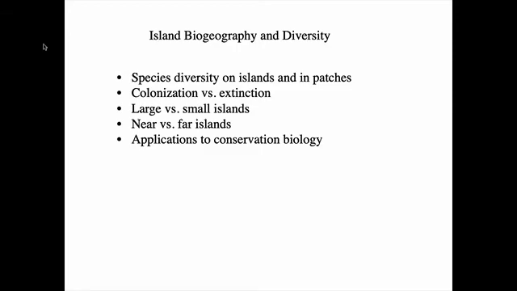We'll look at the trade-off between colonization and extinction and how that produces an equilibrium in number of species in a patch. We'll talk about what it means for an island to be near or far from a source of species, or for an island to be large or small as a target.